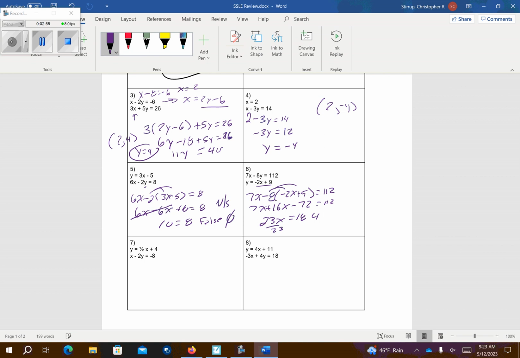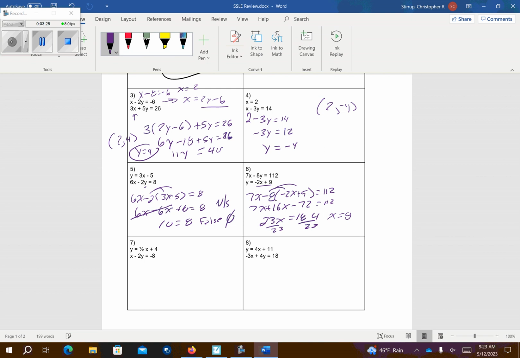Divide by 23, and 184 divided by 23 comes out to 8, so x equals 8.